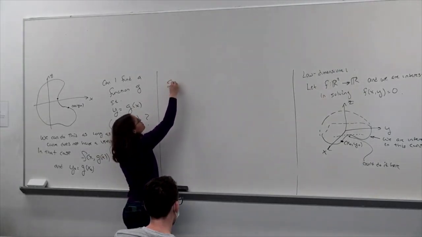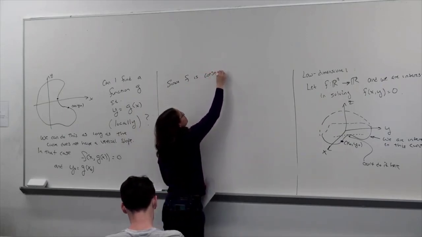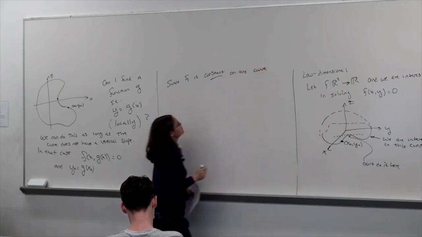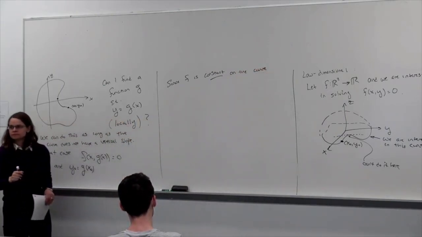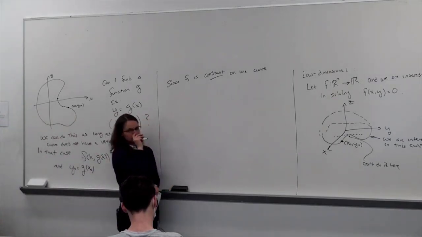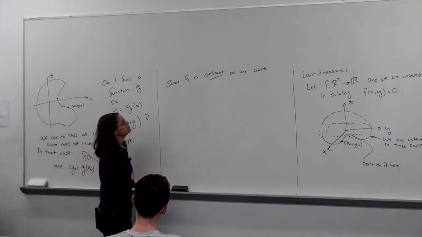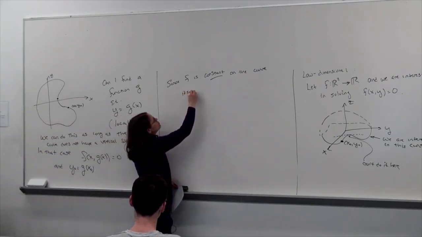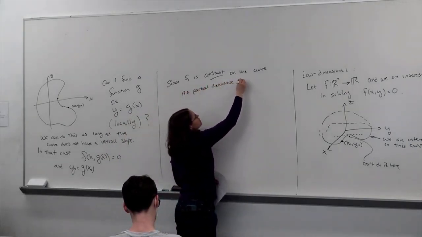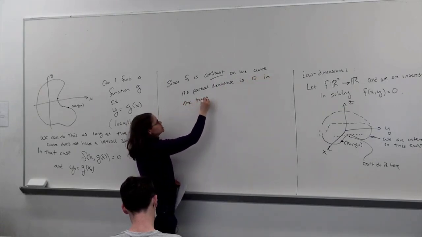Okay, so since f is constant on the curve, the zero level set curve, the partial derivative is going to be 0 in the tangential direction.